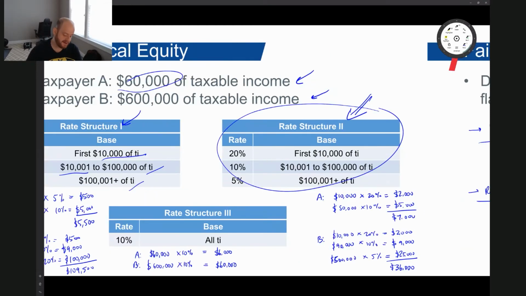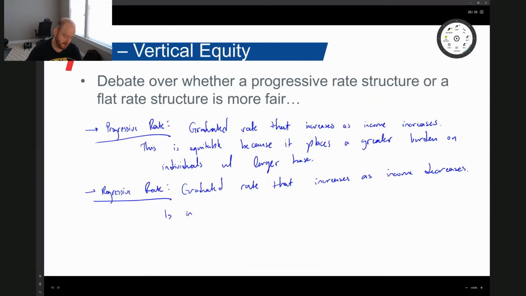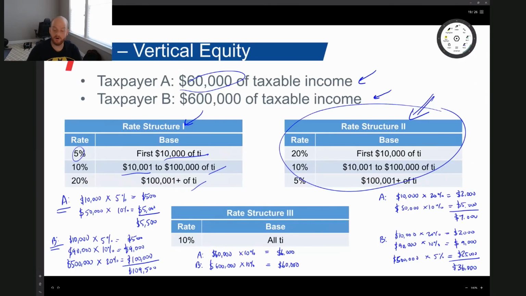And this, in fact, is inequitable. So on face value, it seems like the people that are earning more are paying more for all rate structures. But actually, rate 2 is placing a higher burden on lower earners. Therefore, rate 2 does not promote vertical equity. It is an inequitable tax rate structure, right?